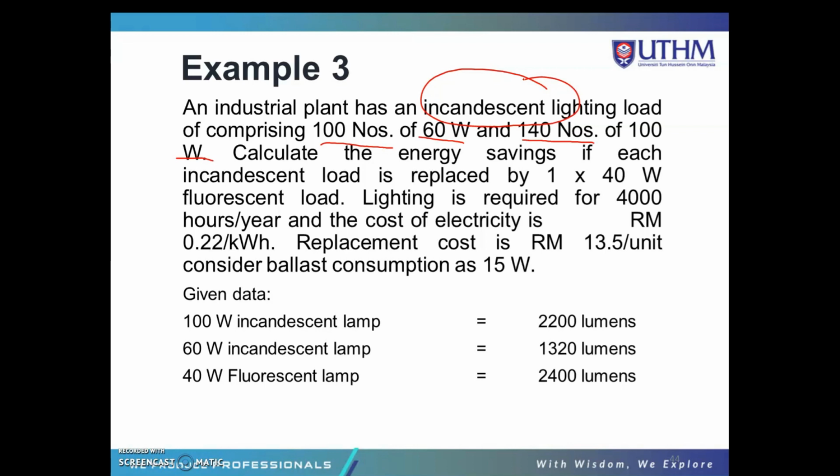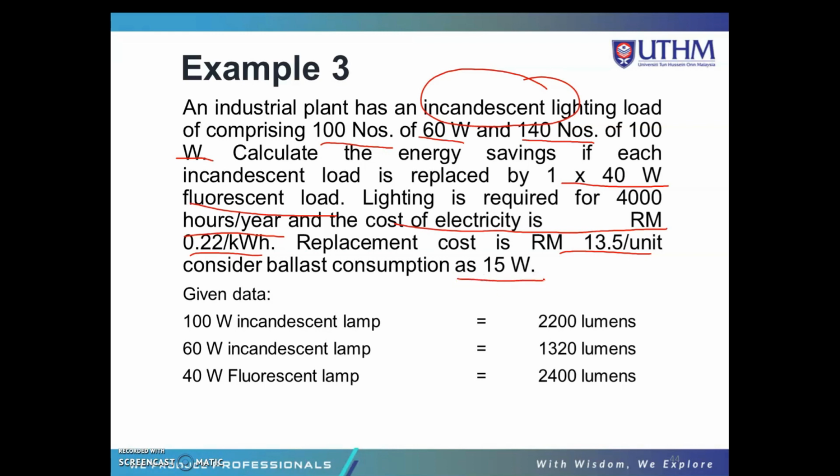Okay, so we want to replace it with 40 watt fluorescent lamps, and this lighting system is required for 4,000 hours per year, with the electricity cost at 22 cents per kilowatt hour. And then the replacement cost is 13 ringgit 50 cents per unit. Consider ballast consumption as 15 watt.